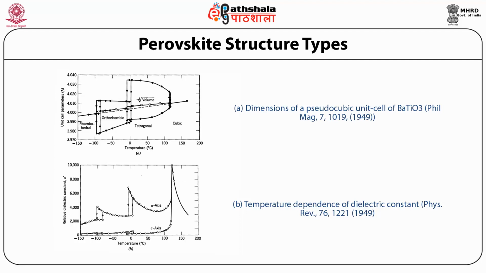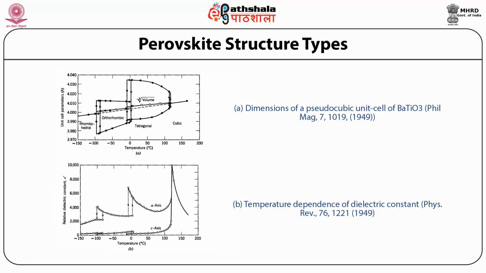You can see that at room temperature, the structure of barium titanate is tetragonal, and above 120 degrees Celsius, it is cubic. However, below 0 degrees Celsius, at lower temperatures, the structure can be rhombohedral or orthorhombic according to the temperature.